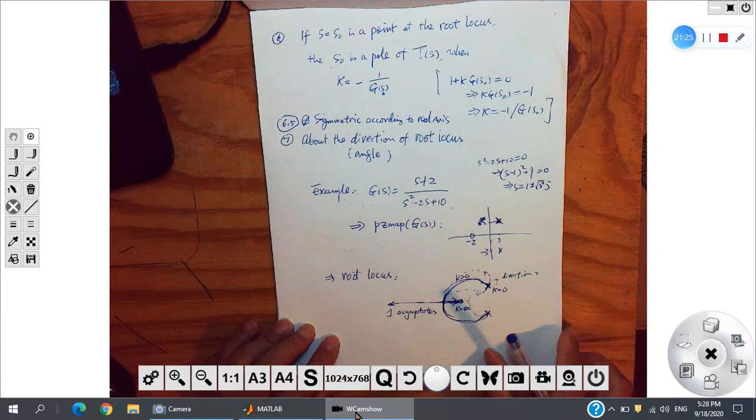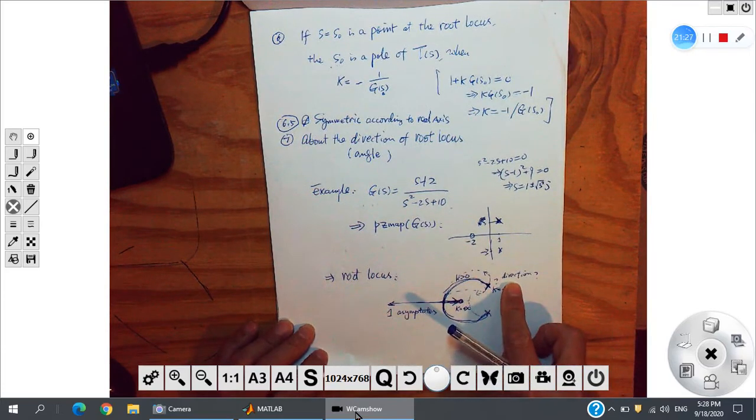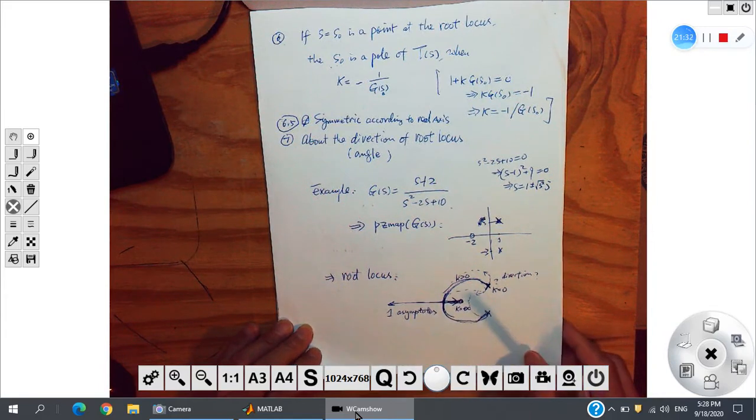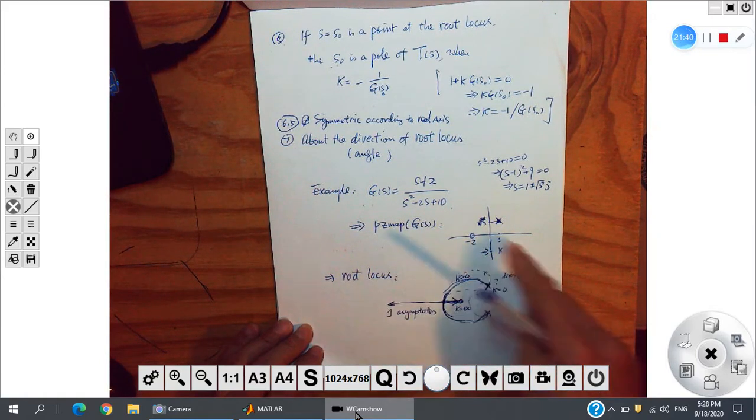All right. Before we start to discuss the direction, we need to study something related to the angles and directions of vectors in the complex plane. This is the complex plane, the S plane.